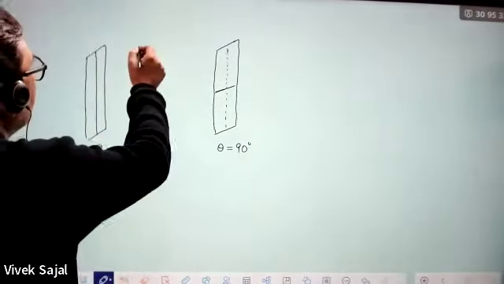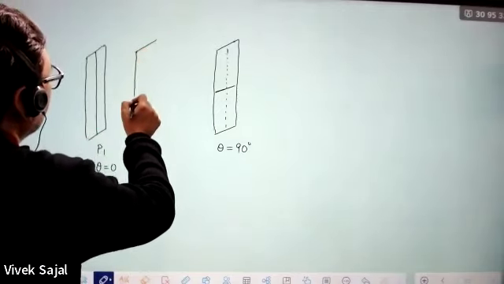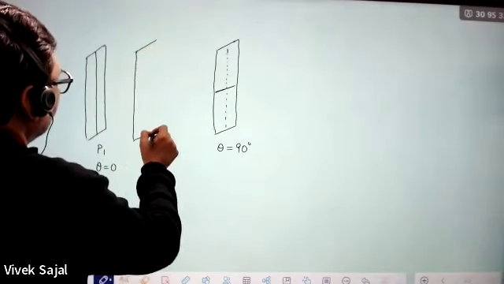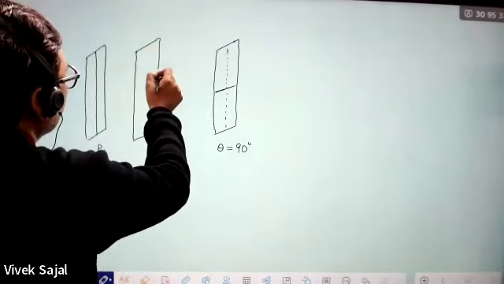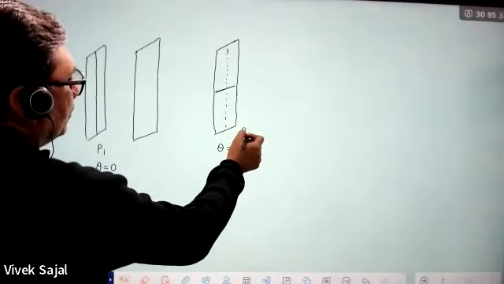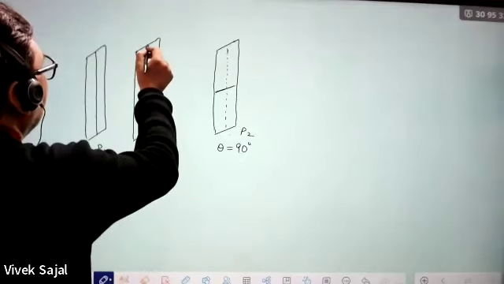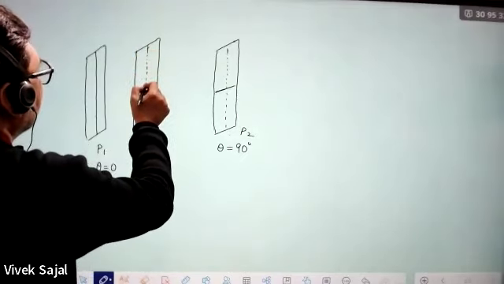Now in between these two, there is one more polarizer, and I'm saying this is P2. In between these two you place a polarizer, that is P3. Where is its pass axis?